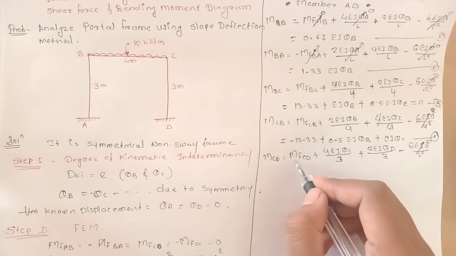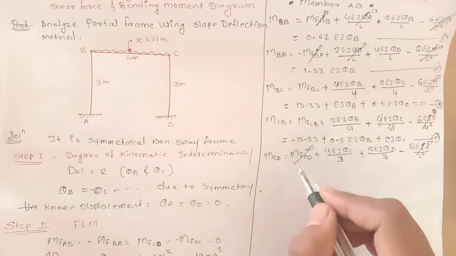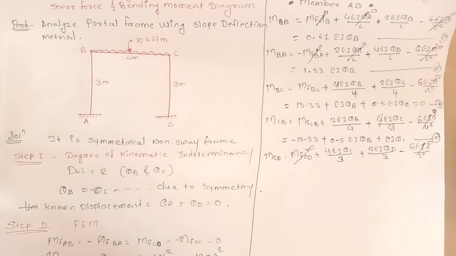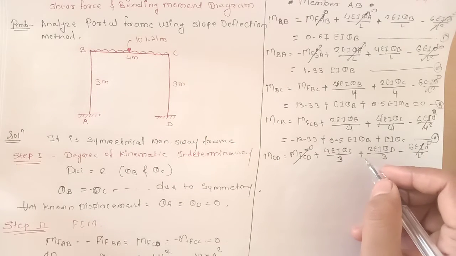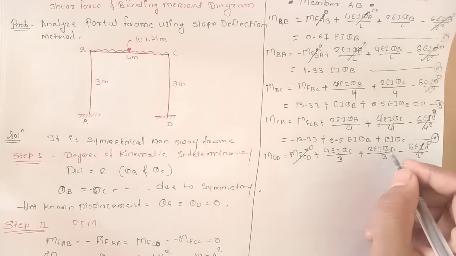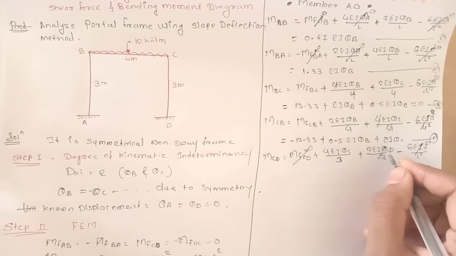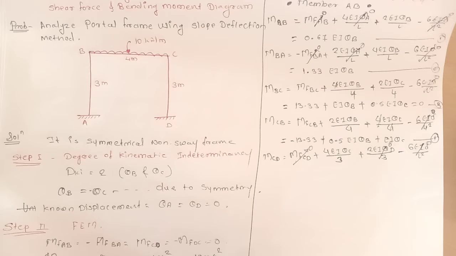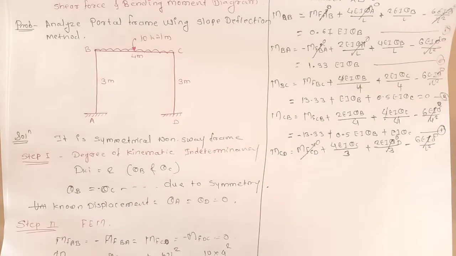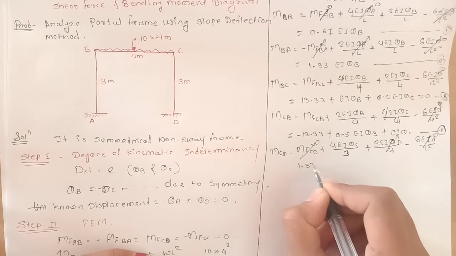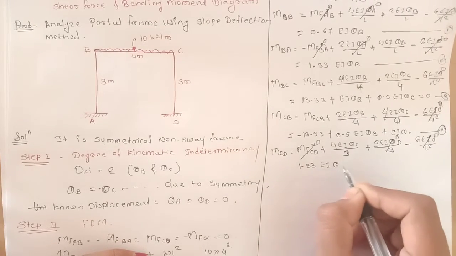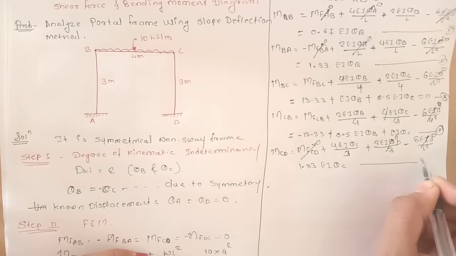Then the fixed moment for member DC is also 0, which was already calculated in step number 2. We know that theta D is equal to 0, so that term is 0. So remaining is 4 divided by 3, which is 1.33 EI theta C. This is equation number 5.